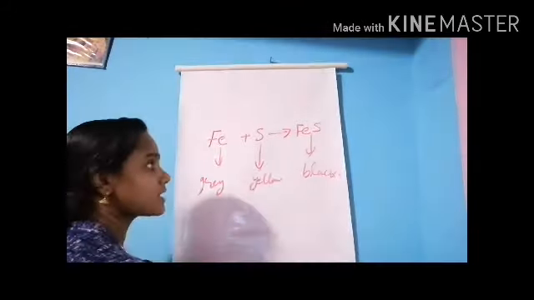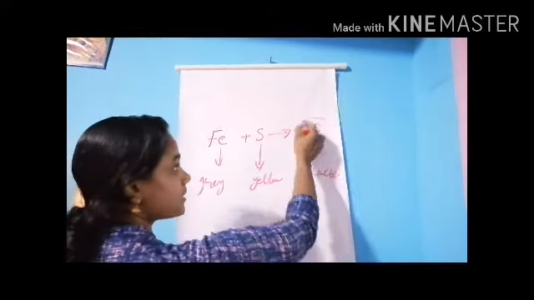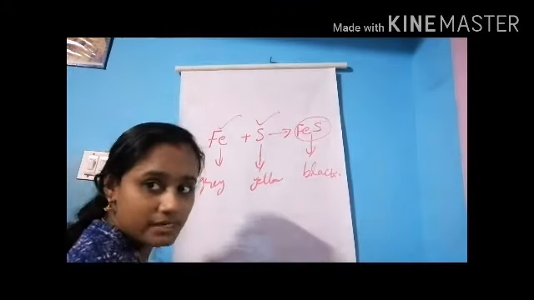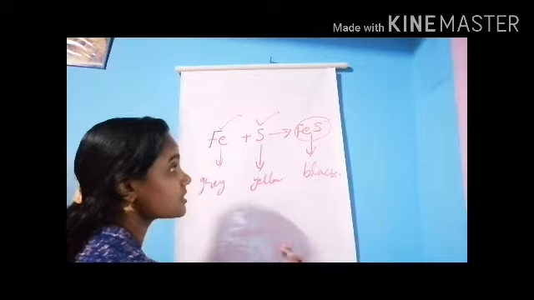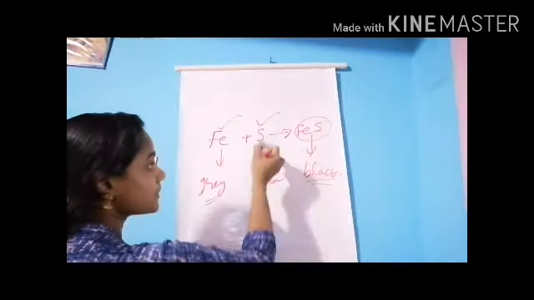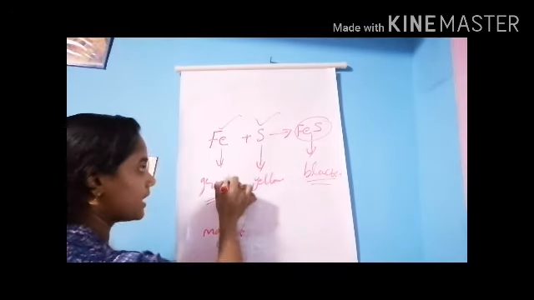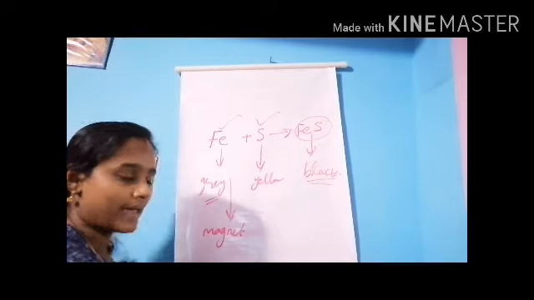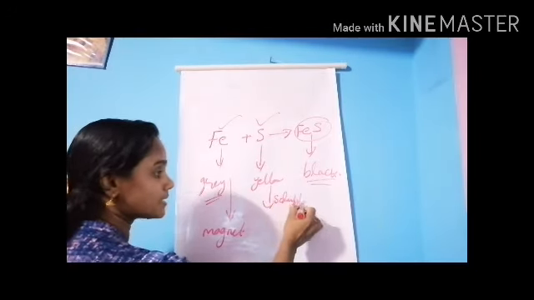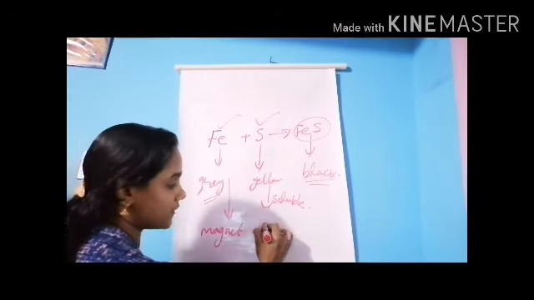Iron is attracted to a magnet. Sulfur is soluble in carbon disulfide.